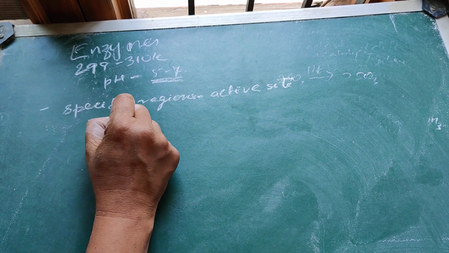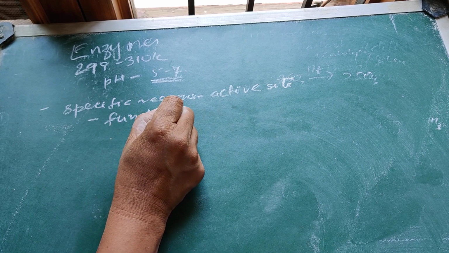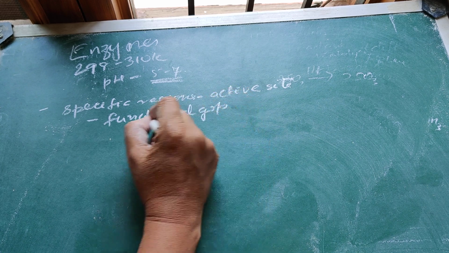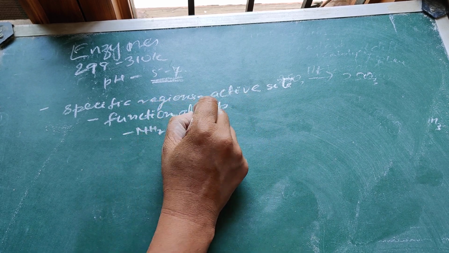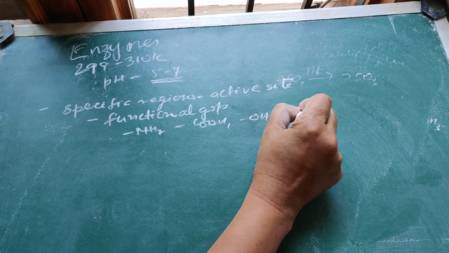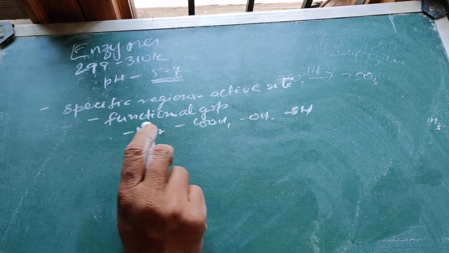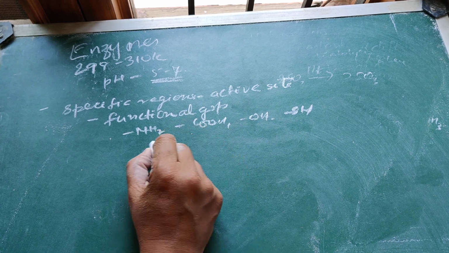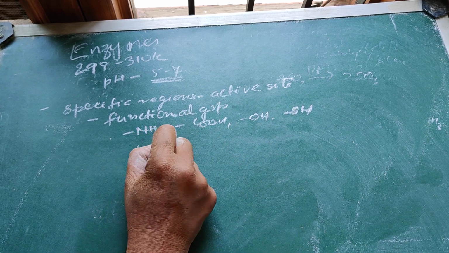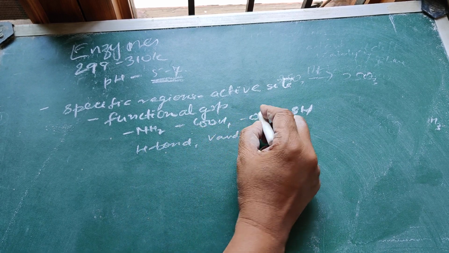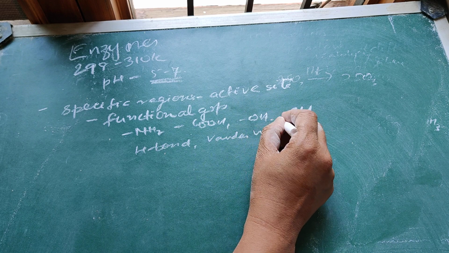They are nothing but the functional groups that are present on the enzymes, such as NH2, COOH, OH, SH, thiol, etc., which form weak bonds like hydrogen bonds or van der Waals forces.